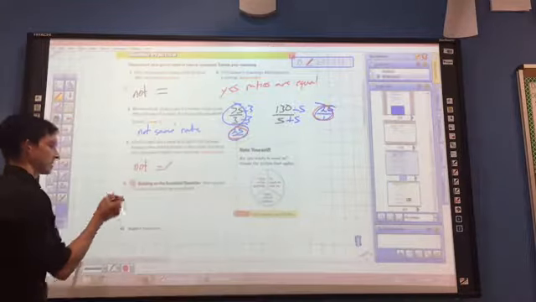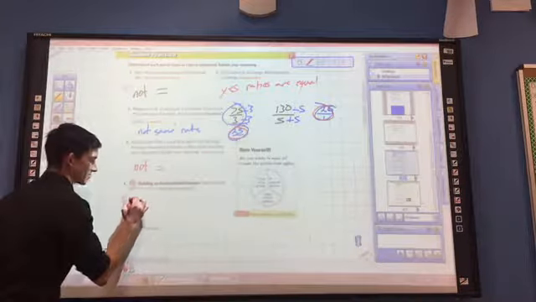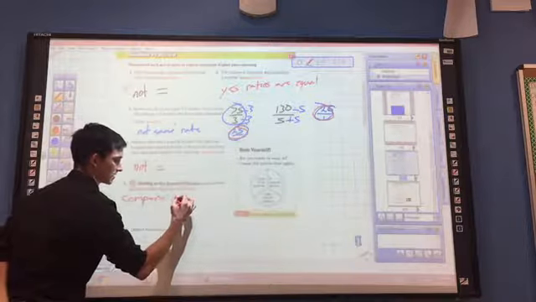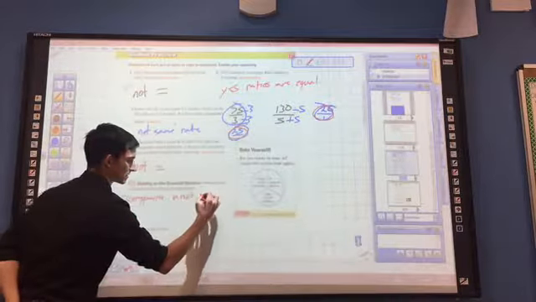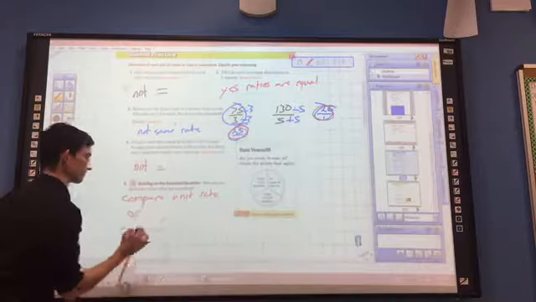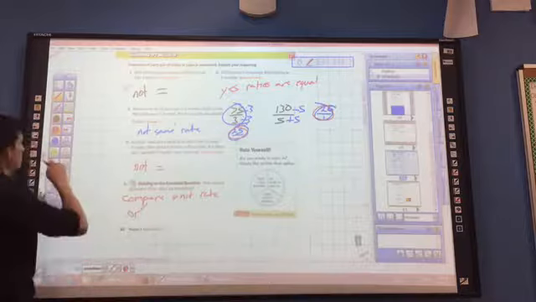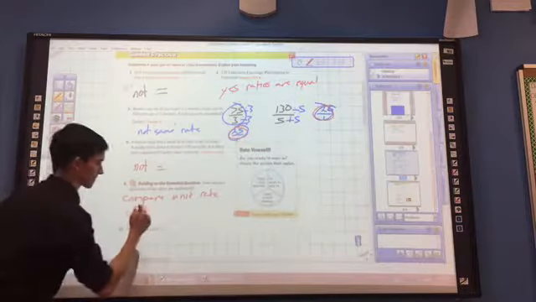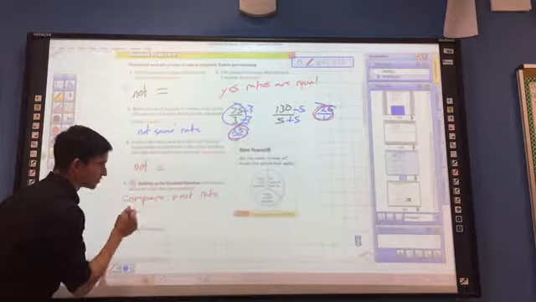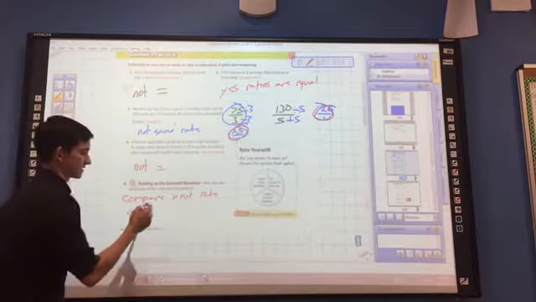All right. I'm going to go on to the next page, and how can you determine if 2 ratios are equivalent? Maybe I'll go ahead and answer this. 2 ways. Compare the unit rate, just like we did here a second ago. Or, second way, how do I explain this?